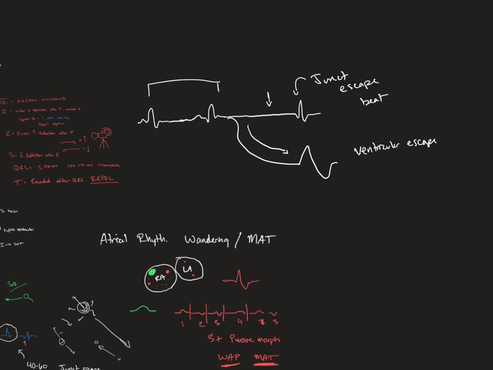So yeah, ventricular escape. Another pet peeve that I have: you can have a PVC or a PAC or a PJC, premature.